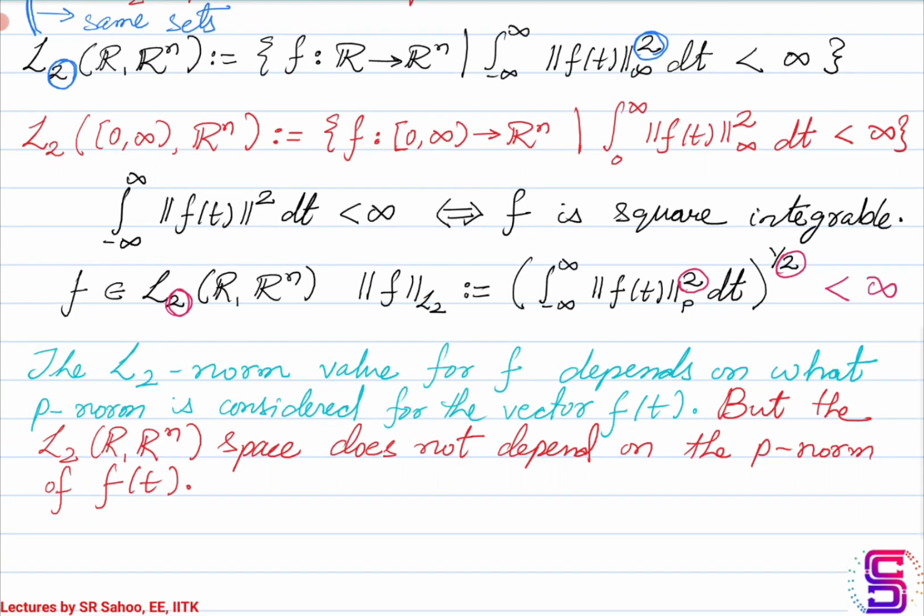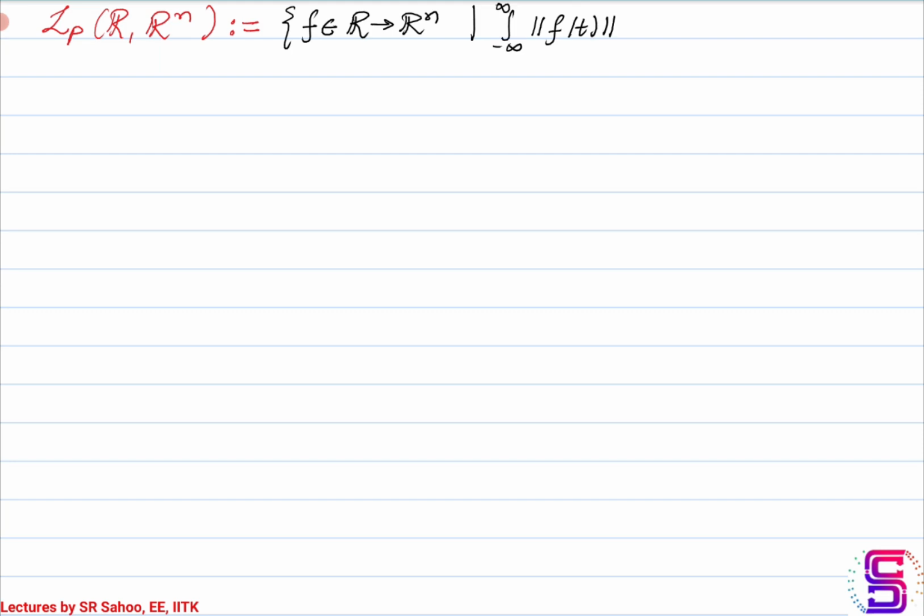So in general, the Lq R^n space is defined as f mapping from R to R^n such that the integration from minus infinity to infinity of some p norm of f of t, raised to the power q, dt is less than infinity.